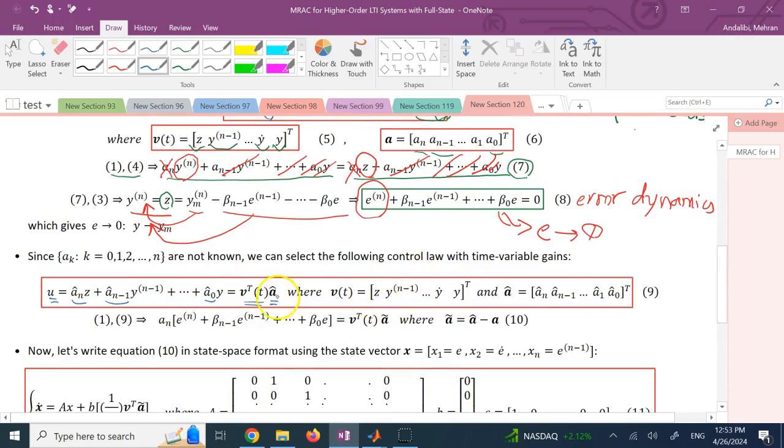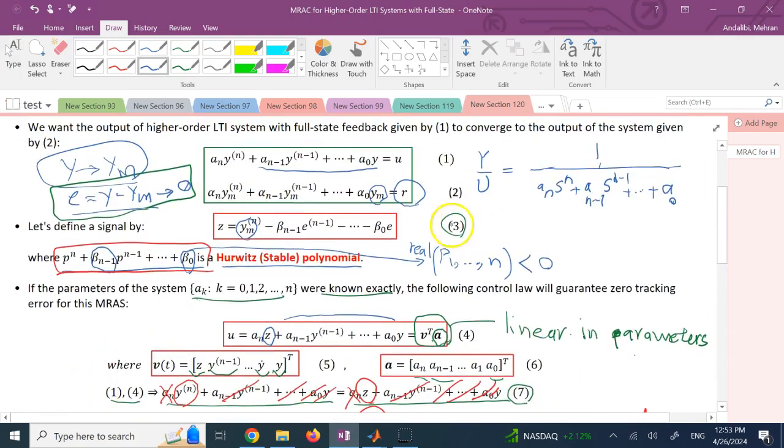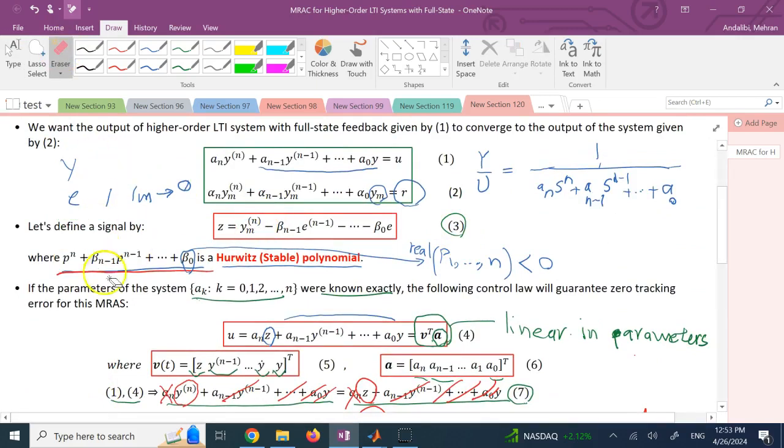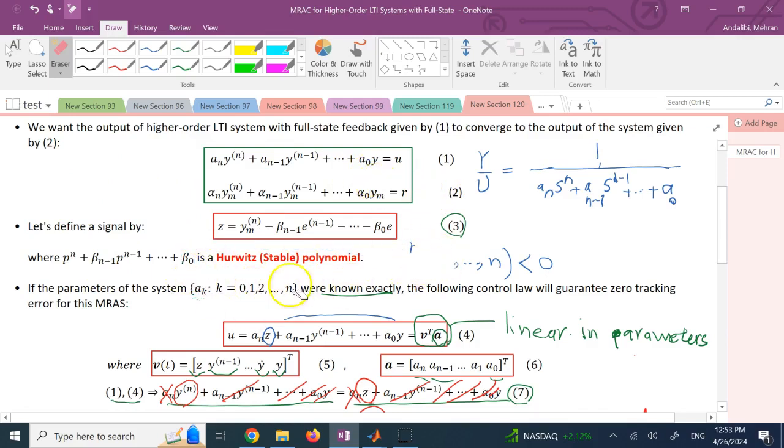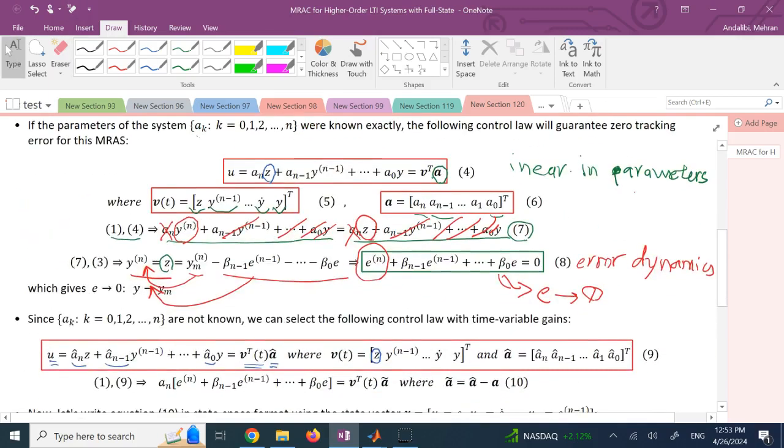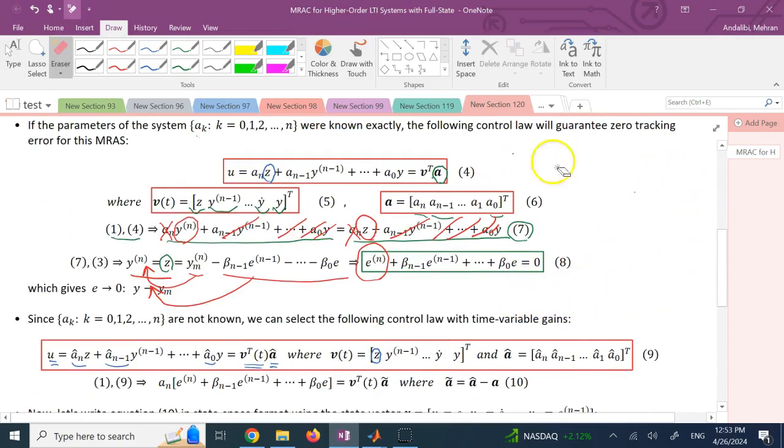And the z that I have in v, this z is again exactly coming from equation 3. So equation 3 is not going to be touched. Equation 3 is still going to be used for the definition of z. The only thing is the control law, instead of being 4, now it is going to be 9 instead, where the a's are replaced with a hats.